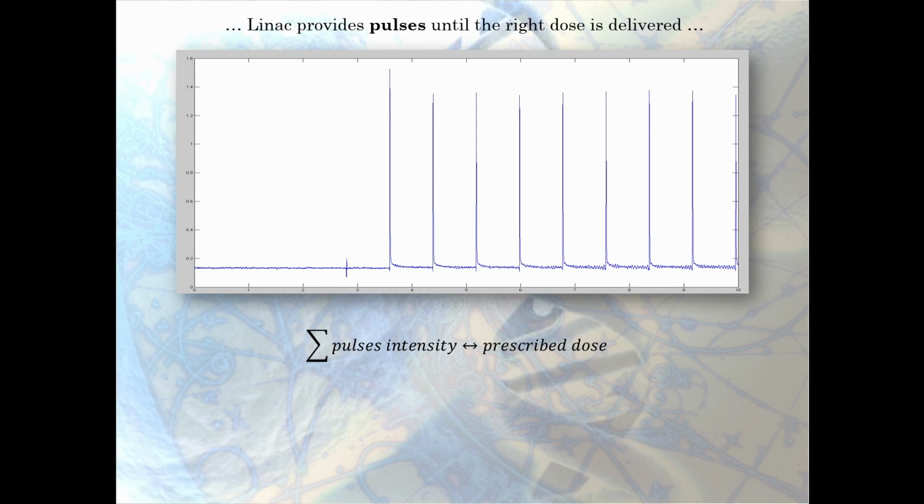Maybe you remember this, yes, for sure, you remember this slide where we had the pulses delivered by the LINAC versus time. And basically the height of the pulse is related to the dose rate. The higher the altitude of the pulse, the higher the dose rate. And, of course, the sum of the pulses has to match the prescribed dose.